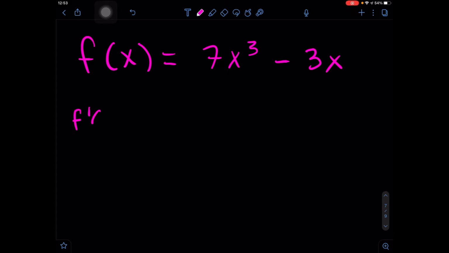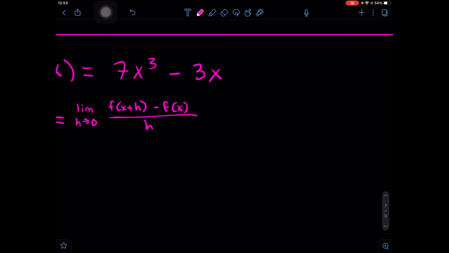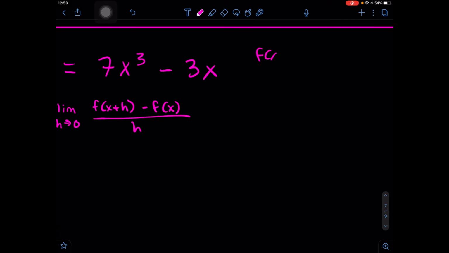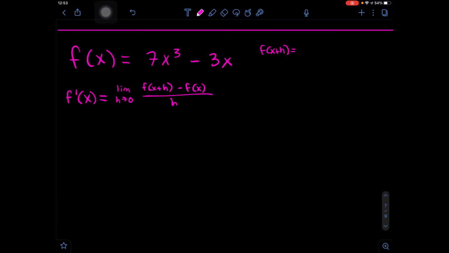So if we use the definition of the derivative that we just learned, we'll get f prime of x is equal to the limit as h approaches 0 of f of x plus h minus f of x, all over h. So for f of x plus h, we can set that equal to 7 times (x plus h) cubed minus 3 times (x plus h).